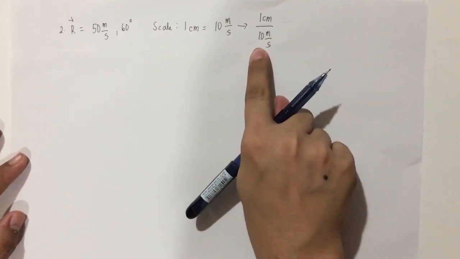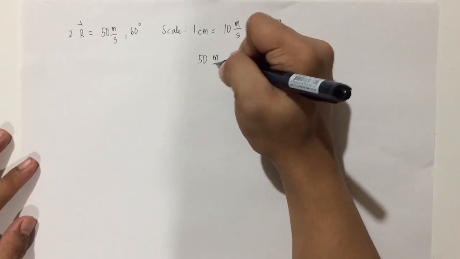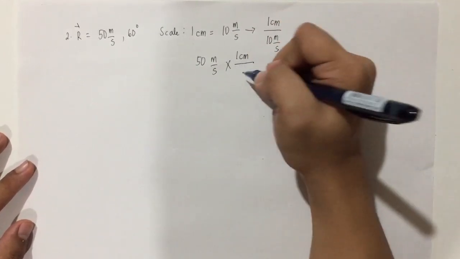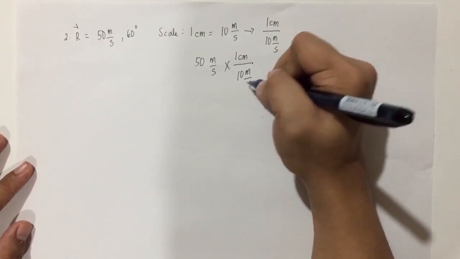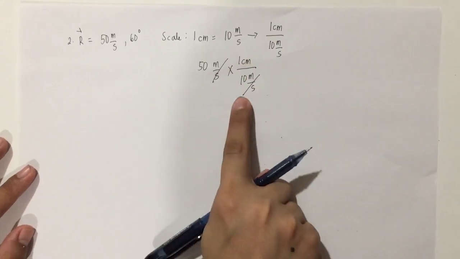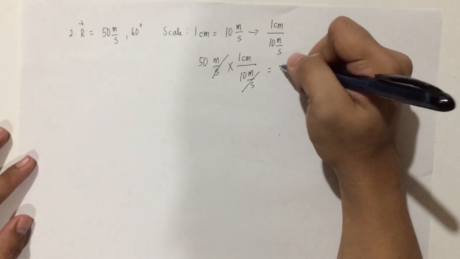So we have to multiply that fractional form to 50 meter per seconds. 50 meter per seconds multiply to 1 centimeter over 10 meter per seconds. Cancel similar units. 50 multiplied to 1 divided by 10 is 5 centimeters.